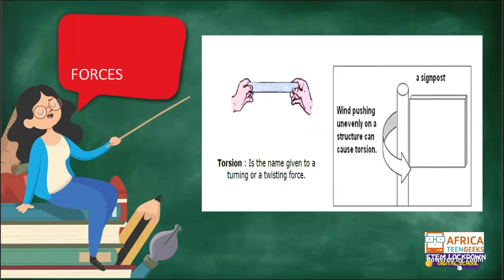Or sometimes, even if there is no lever, but the signpost is a bit flexible, the wind will act on the signpost and we can have a torsion force.